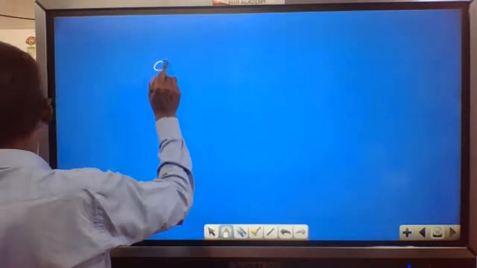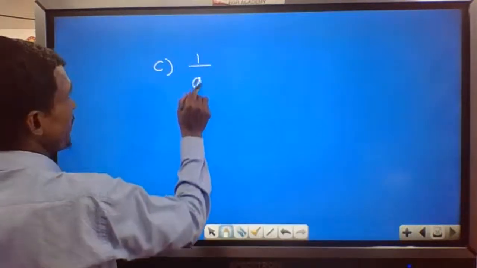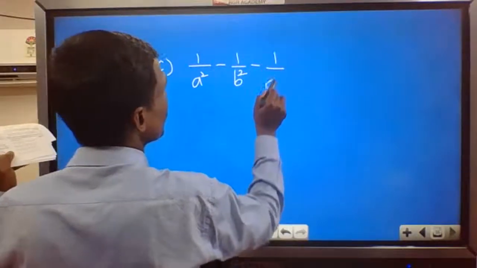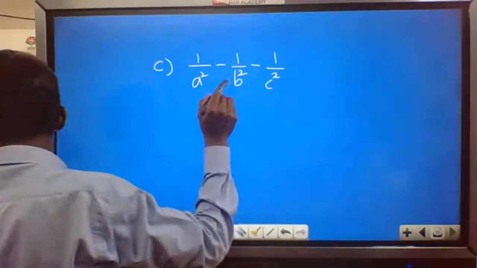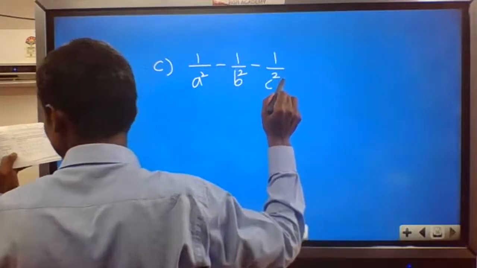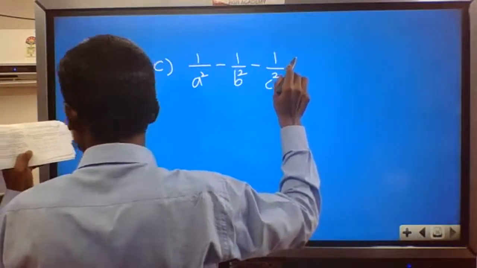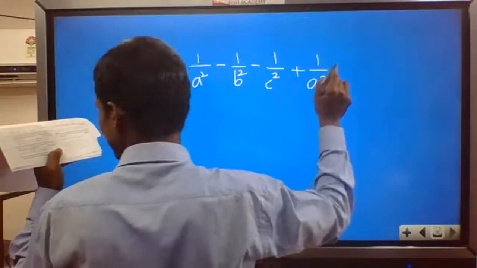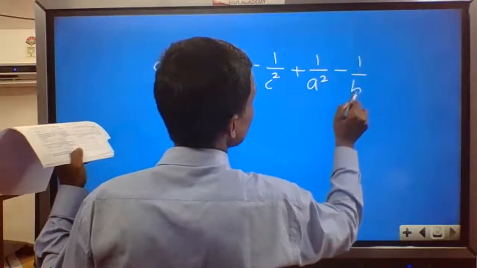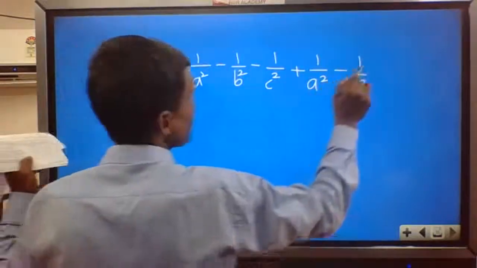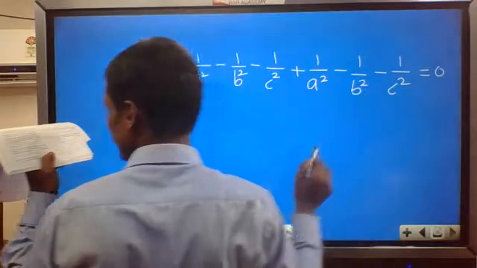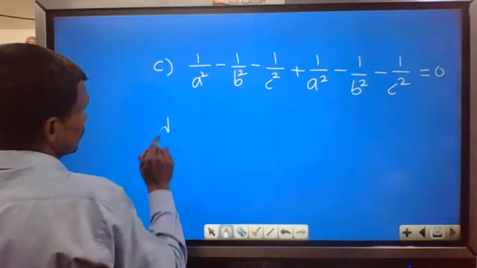Option C: 1 by A square, 1 by B square, 1 by C square, plus 1 by A square minus 1 by B square minus 1 by C square equal to zero.